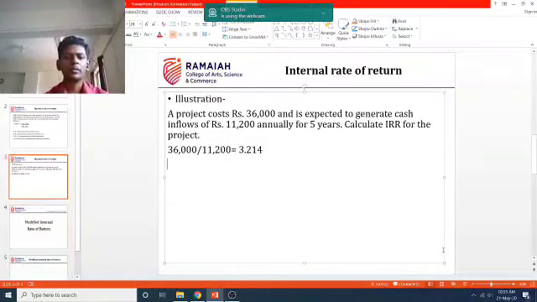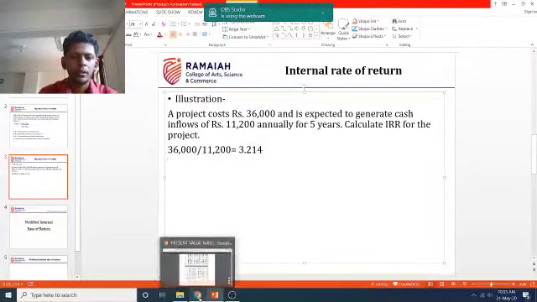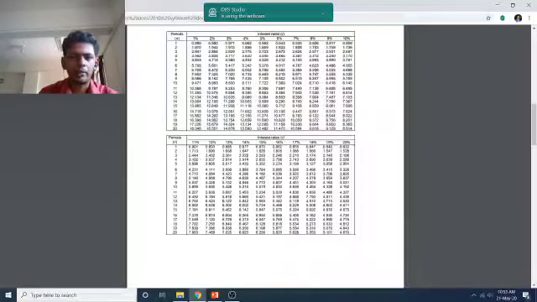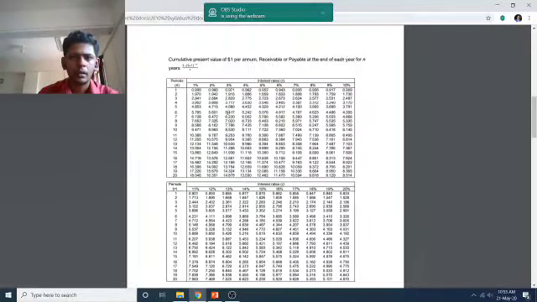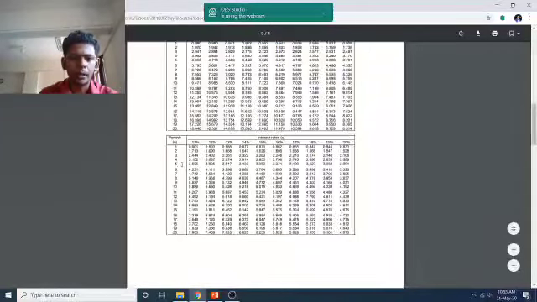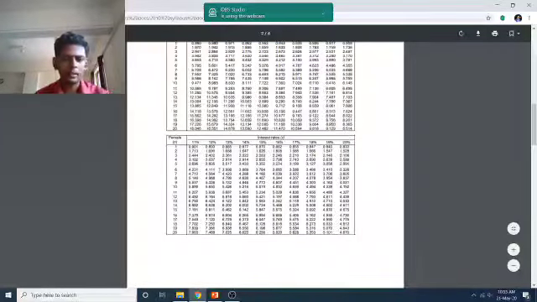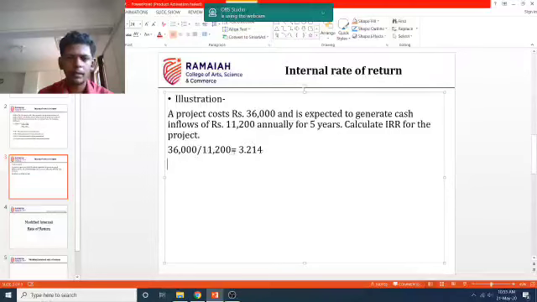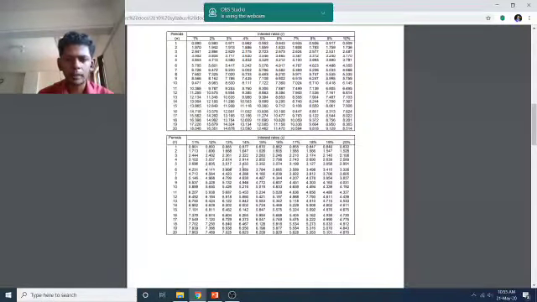Now we just have to check where exactly this 3.214 lies in the present value of annuity tables. This is your present value of annuity table under the fifth year. The number we have derived is the payback period, 3.214, and you need to search for 3.214 here.